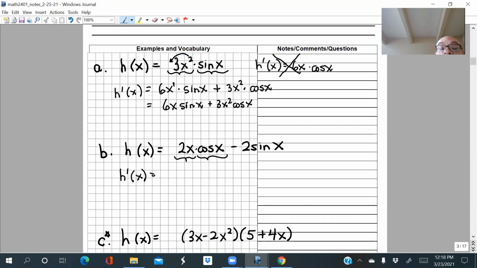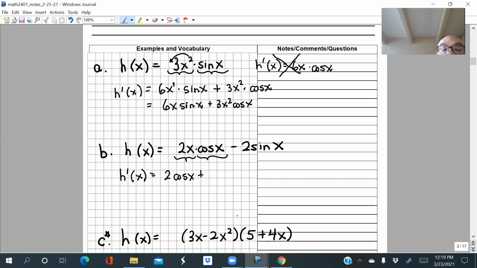We will first take the derivative of 2x. What's the derivative of 2x? Someone can say it or type it in for me. What's the derivative of just 2x? 2, right. So first you get 2, and then keep the cosine of x, right?